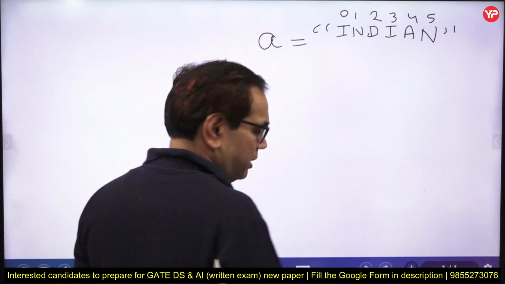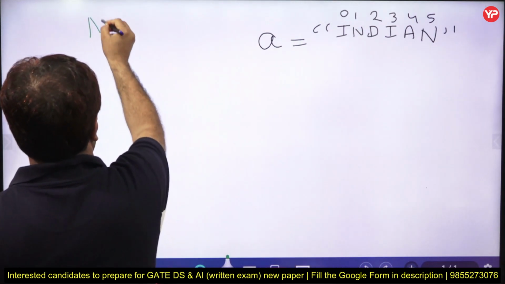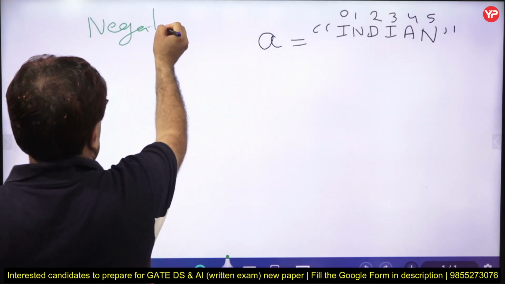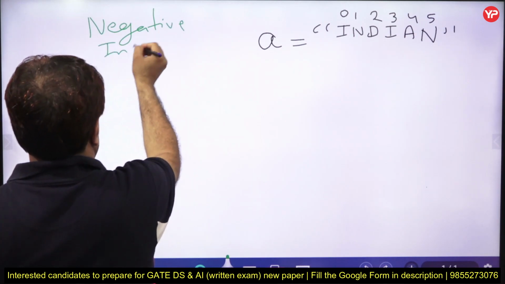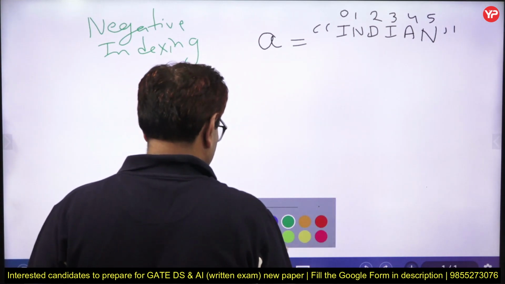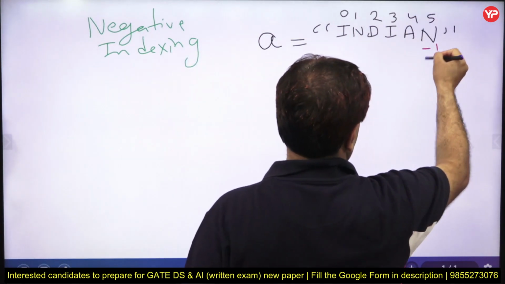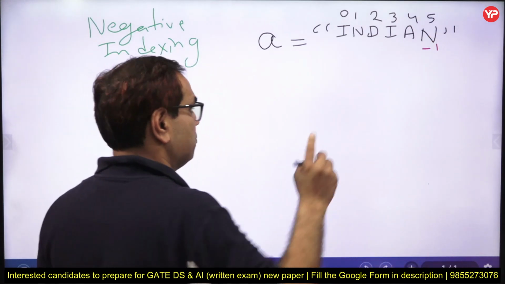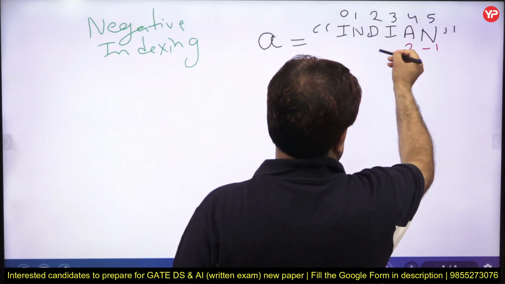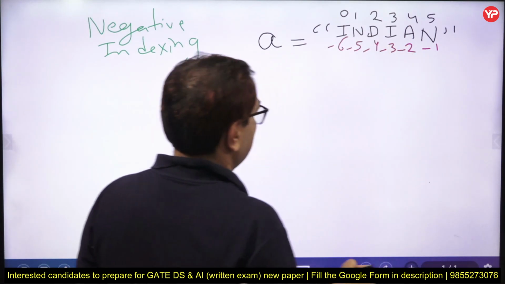And what is negative indexing? In negative indexing, we start from the right side, and this is also very important sometimes. It does not start from 0, it starts from -1. Then -2, -3, -4, -5, -6.